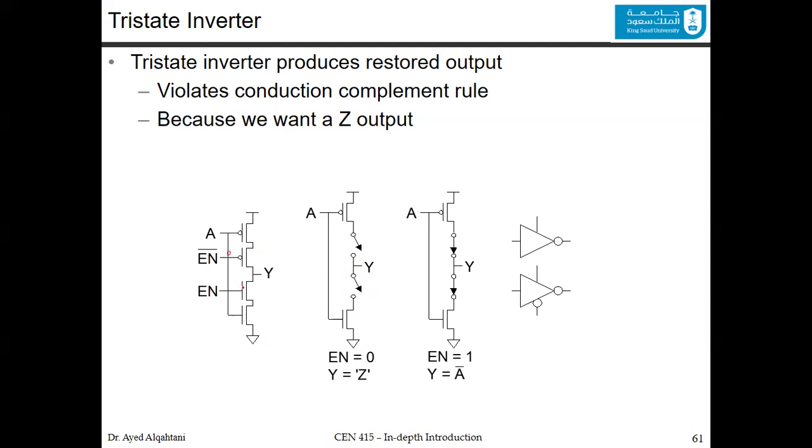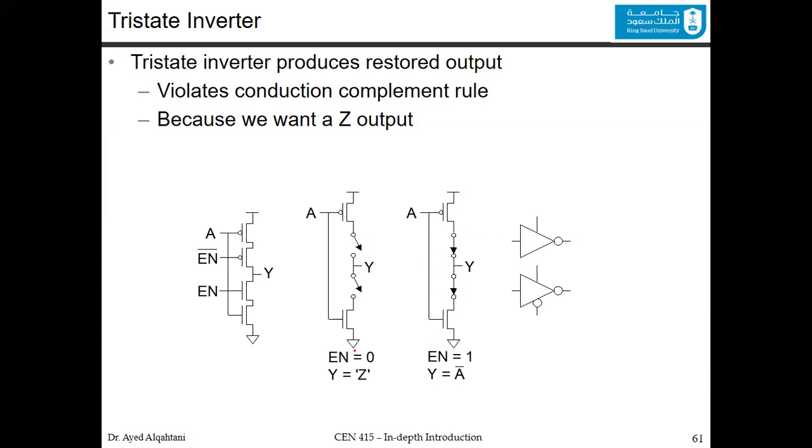If this is 0 and this is 1, so this is on and this is on, which indicates this scenario. And you can see in this scenario, you have a path here and a path here, and the design became a simple inverter, where Y is equal to A bar. But if you don't, then the Y is definitely going to be floating or high impedance.